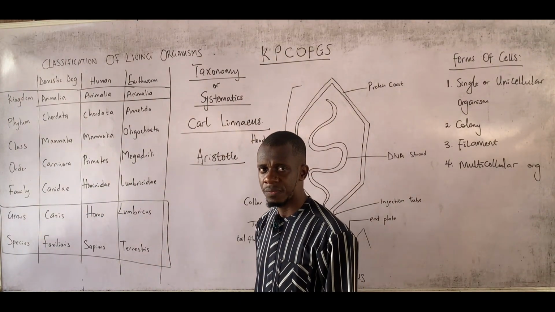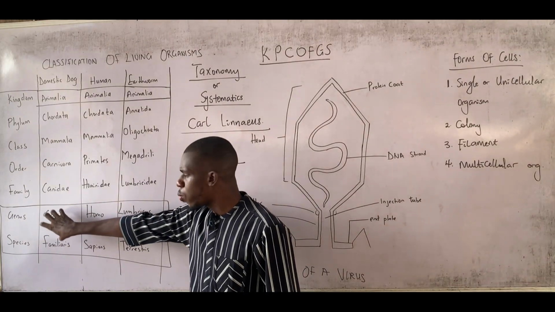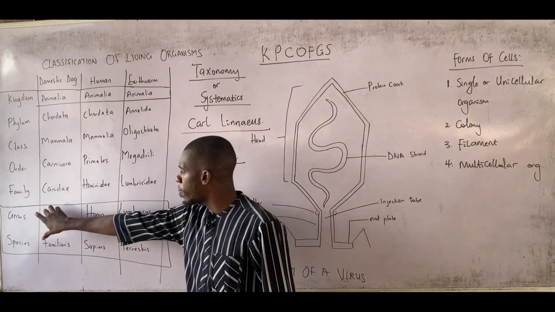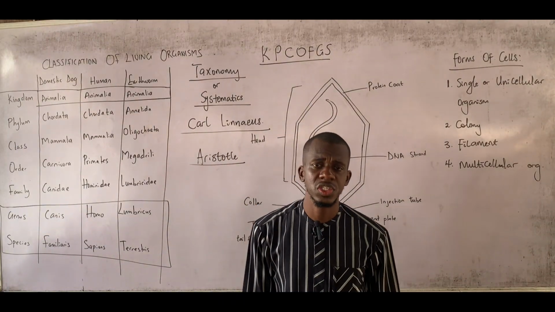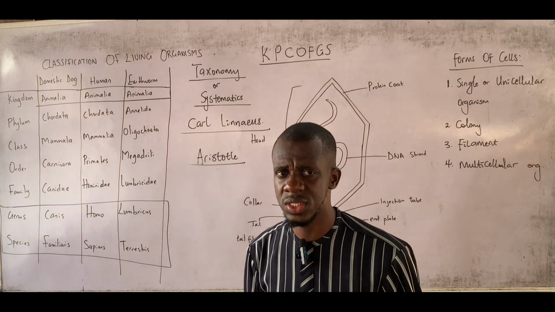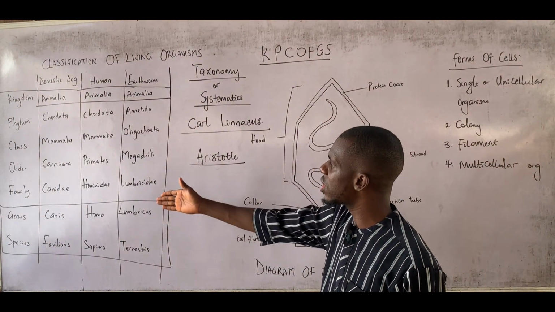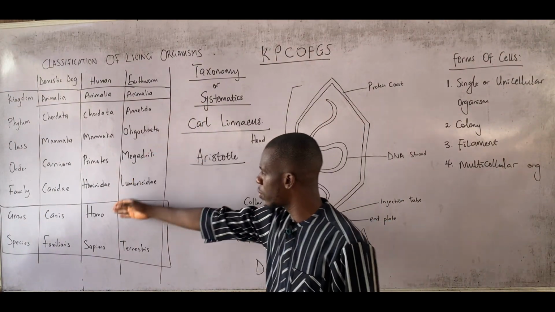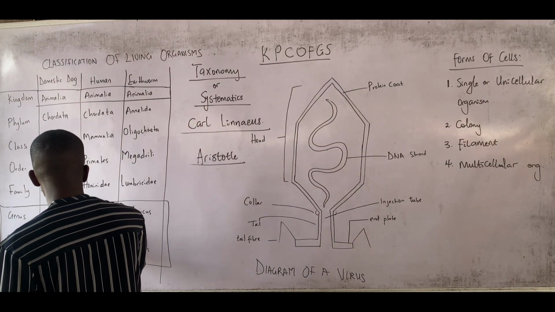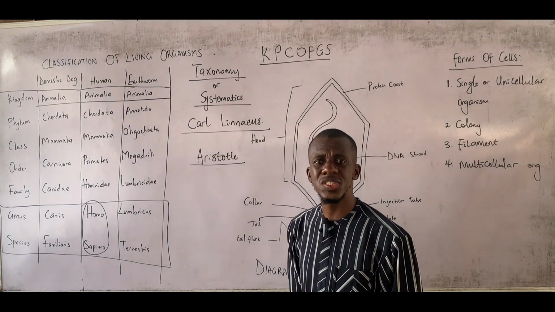So biologists, when giving scientific names to living organisms, simply combine the genus and the species, and that gives us the scientific name of any organism.